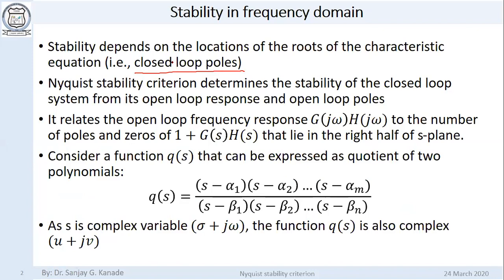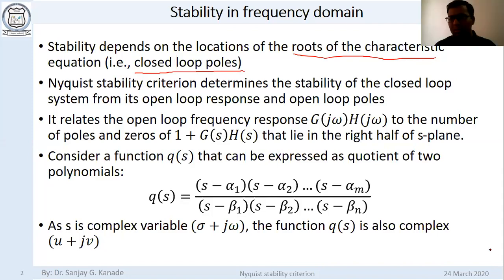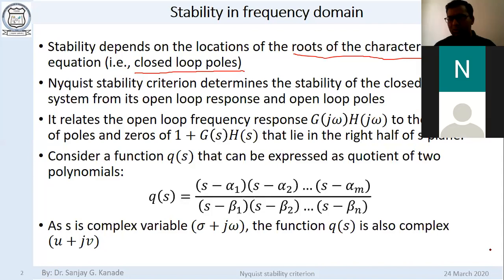Now when we say closed loop poles, those are actually the roots of the characteristic equation. We have been talking about this since a long time, from the second or third unit, right? All the closed loop poles of the system must be on the left hand side of the complex plane.